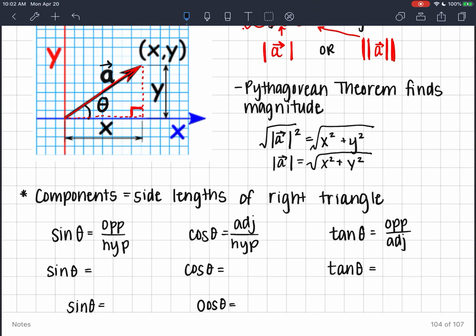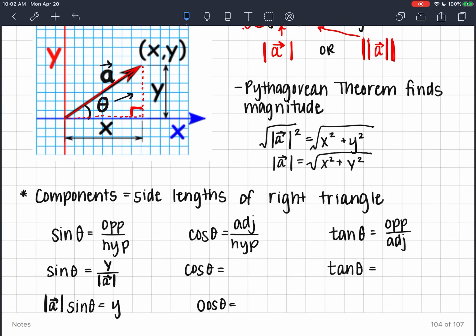So I've got my sine function, which is equal to my opposite side over my hypotenuse. And if I were to look at this triangle, my opposite side is my y component. So sine theta is really equal to y over my hypotenuse, which I know now to be the magnitude of vector A. So if I wanted to find y, I could take both sides and multiply them by the magnitude of vector A. This would isolate y and get it all by itself.